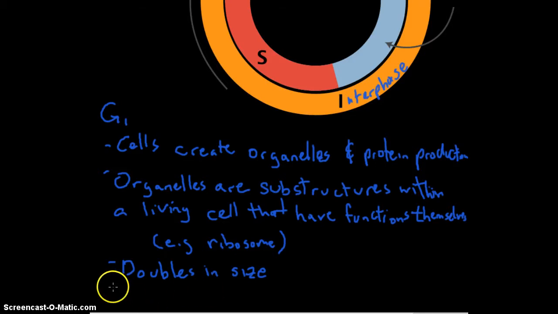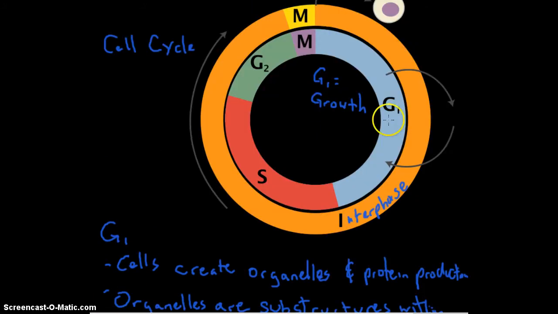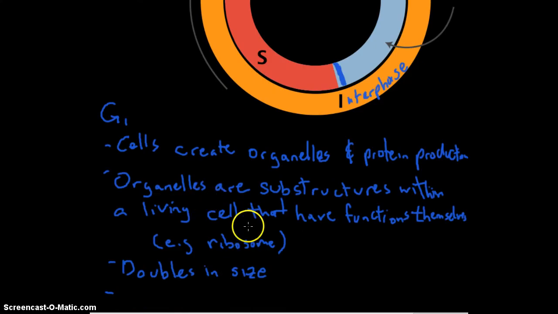And there's also a checkpoint right before S phase. So notice if you look on this slide, there's actually a checkpoint right over here that governs whether or not the cell can continue the cell cycle and enter S phase.